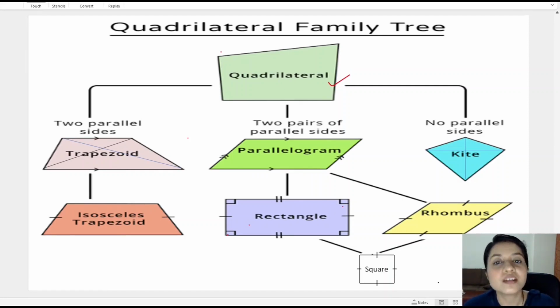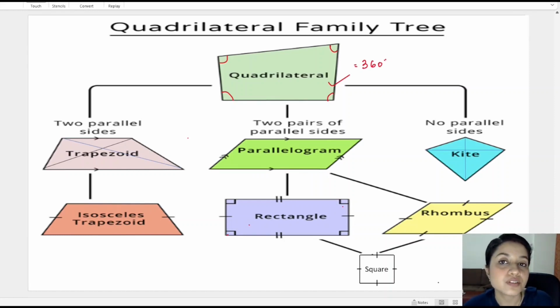So quadrilateral, as we know, is a polygon having 4 sides and also sum of interior angles of the quadrilateral is equals to 360 degree. This will be valid for the other members as well.